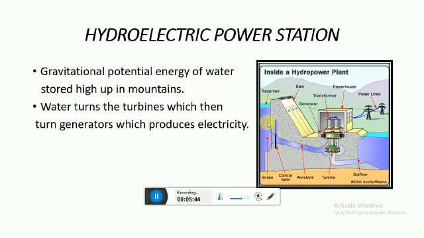This energy is used to run the turbines. When the water moves with high pressure at the dam, it turns the turbine, the turbines further turn the generators, and then the generator produces electricity in the same way.